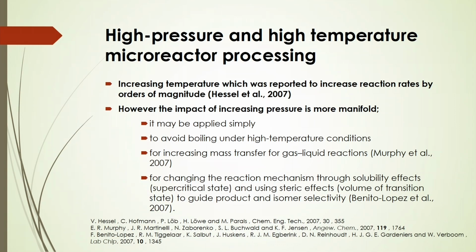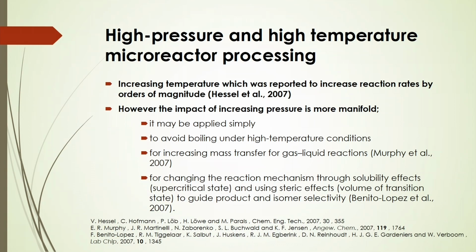If you increase the temperature, it may increase the reaction rates by orders of magnitude, as reported by Hessel 2007. However, the impact of increasing pressure is more manifold, based on several aspects.